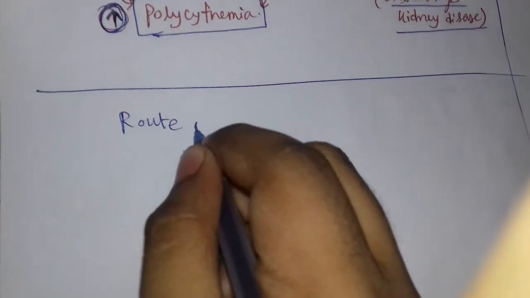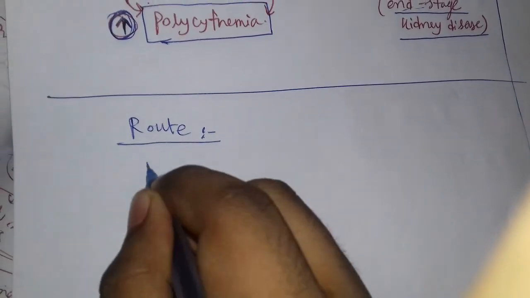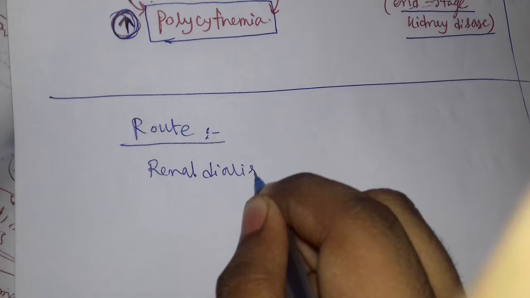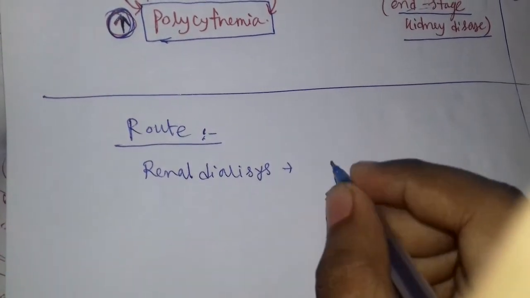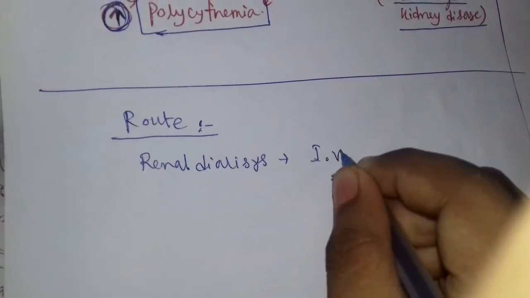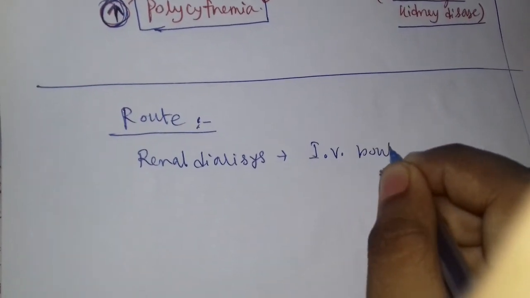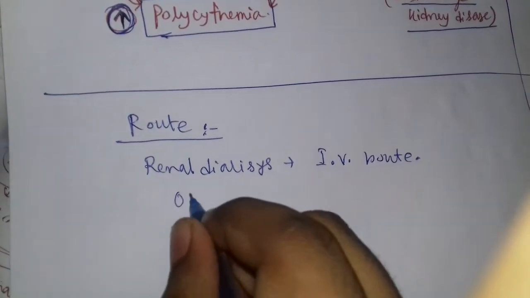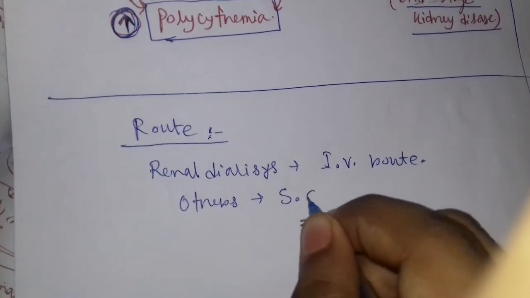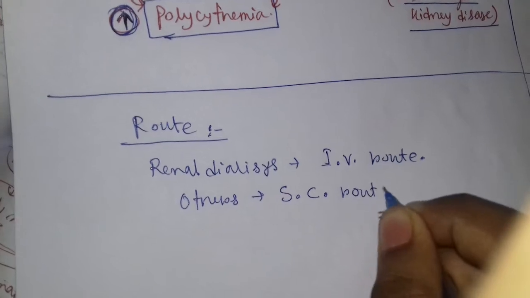The route of administration of these drugs is basically, in case of renal dialysis, the intravenous route, and in other cases they are given by the subcutaneous route also.